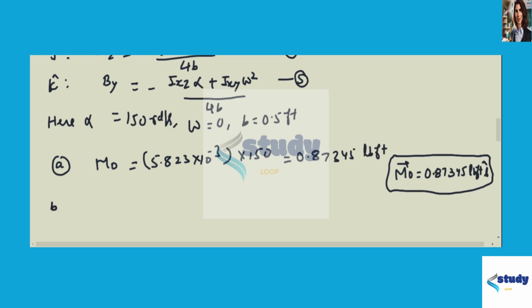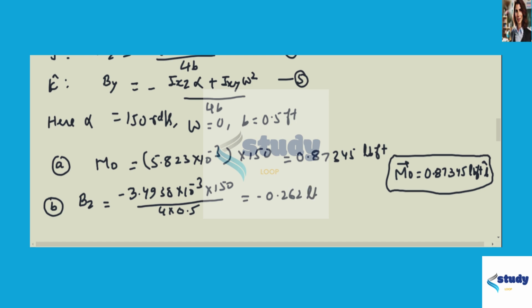Now B. Dynamic reactions at A and B. Bz, you may calculate by direct substitution, minus 3.4938 10 to the power minus 3 into 150 divided by 4 times of b, that is 0.5. So you will get it to be minus 0.262 pound.